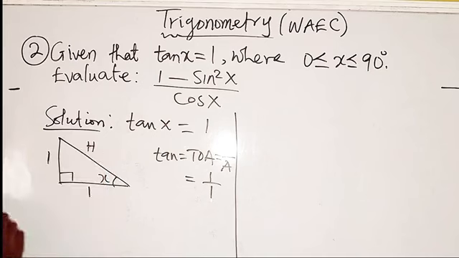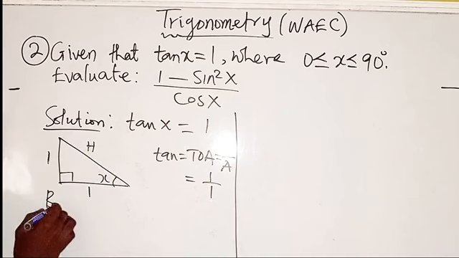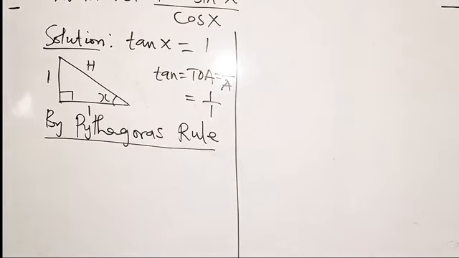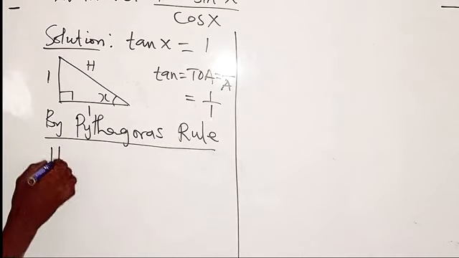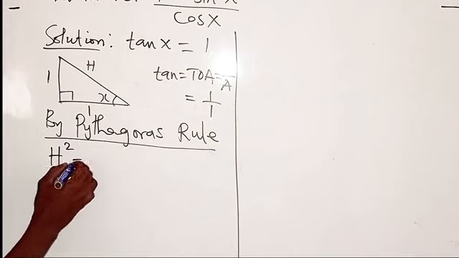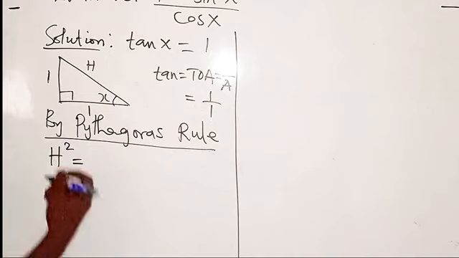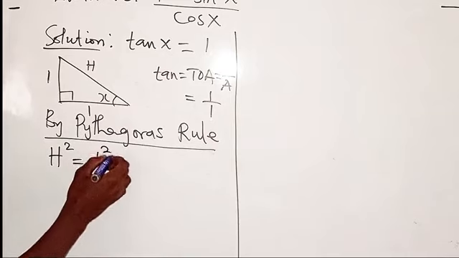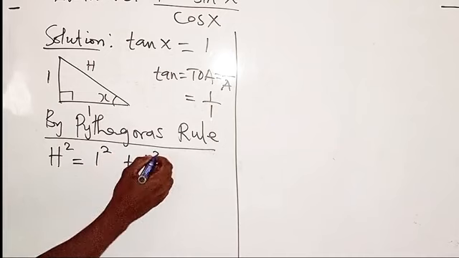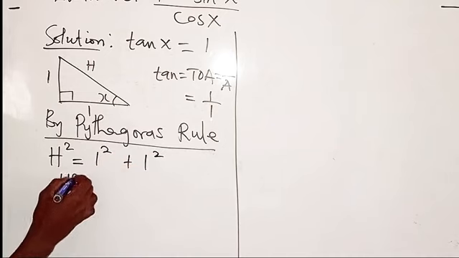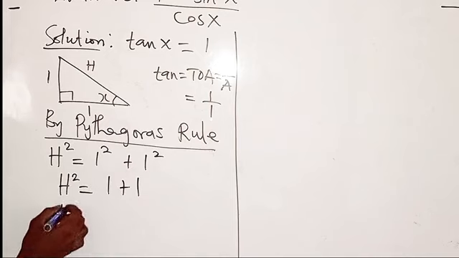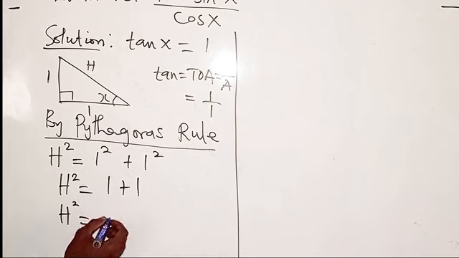So to get the hypotenuse, we apply Pythagoras rule, that states that hypotenuse square equals the sum of the squares of the other two sides, which is 1 squared plus 1 squared. So h squared equals 1 plus 1, that is 2.